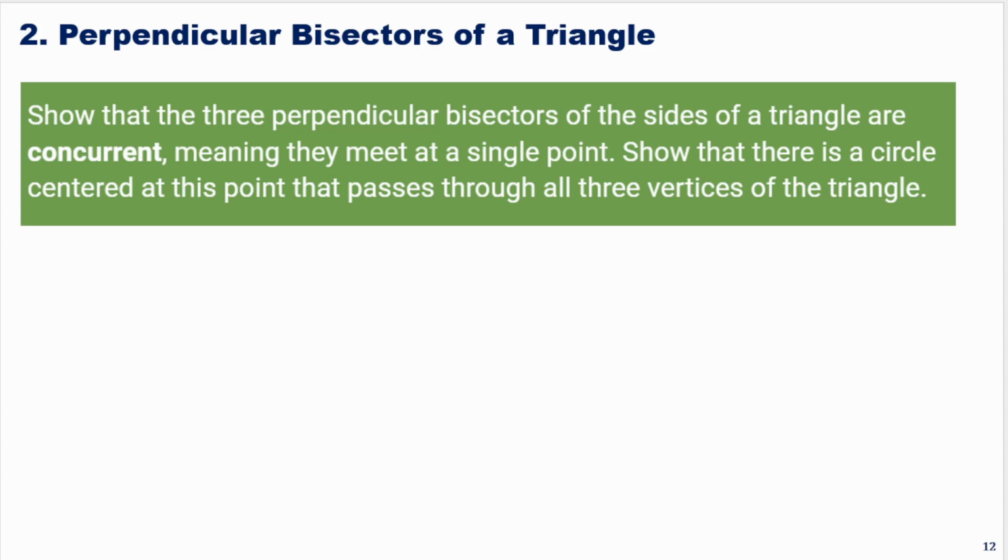Again, we can start by thinking about just two of the perpendicular bisectors. So suppose we have triangle ABC here.